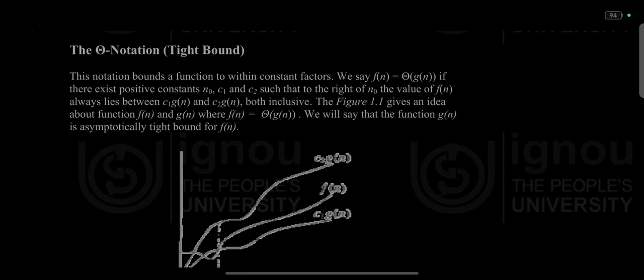Figure 1.1 gives an idea about functions f(n) and g(n) where f(n) is equal to theta g(n). We will say that the function g(n) is an asymptotically tight bound for f(n).